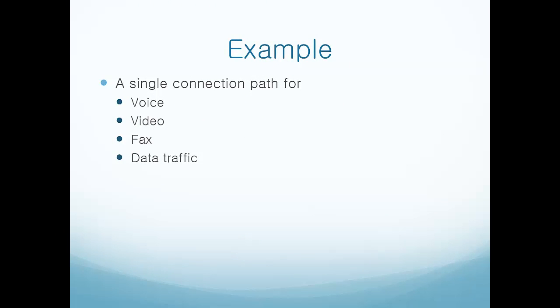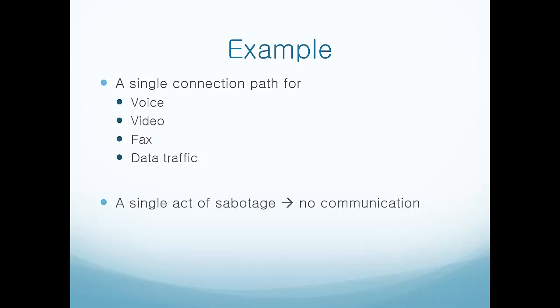So here is an example of the disadvantage. By having the technology convergence, you are more vulnerable because now you have a single point of failure. So let's say now all your communication methods, such as voice, video, fax, data traffic, are going through a single connection path. We run into that problem of single point of failure.